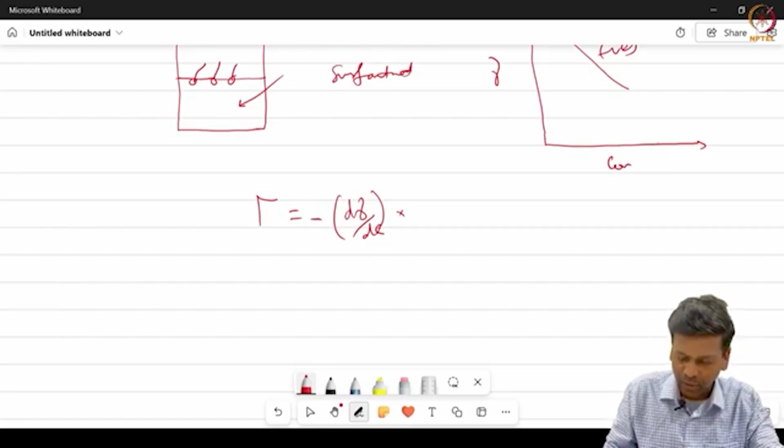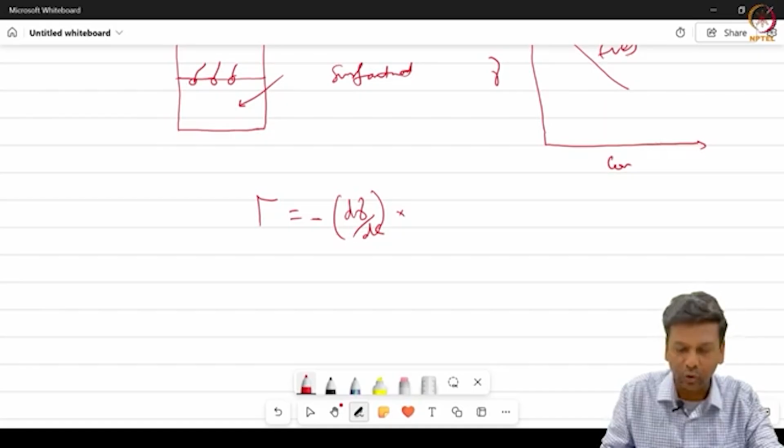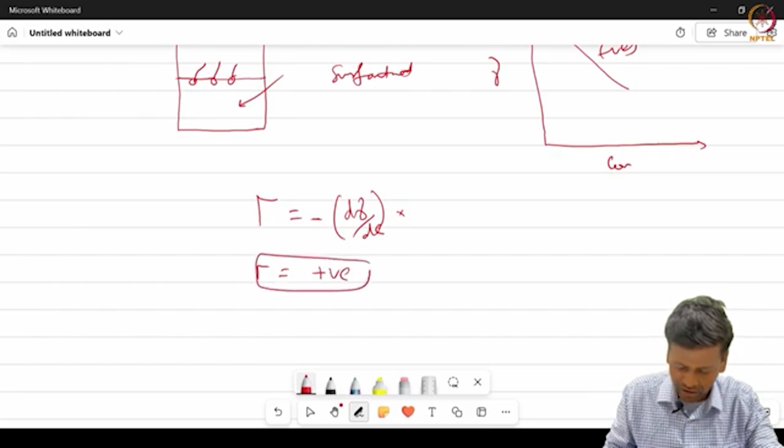So when you plug in the negative slope into this equation, you get a surface excess which is positive ultimately. So this is the positive surface excess.